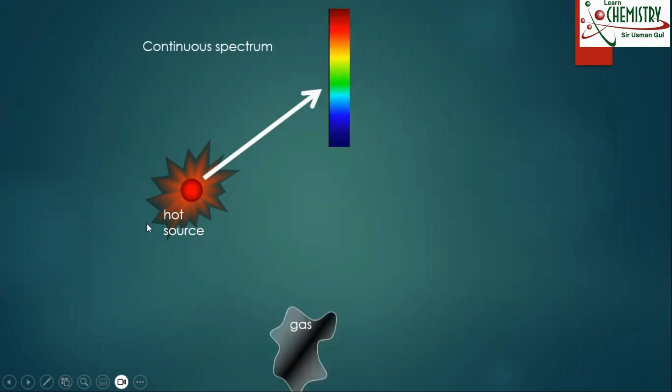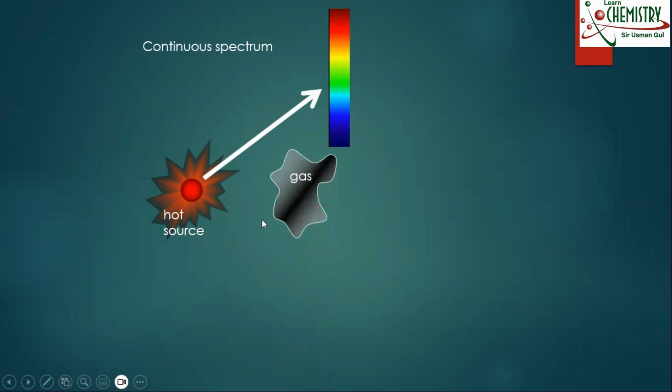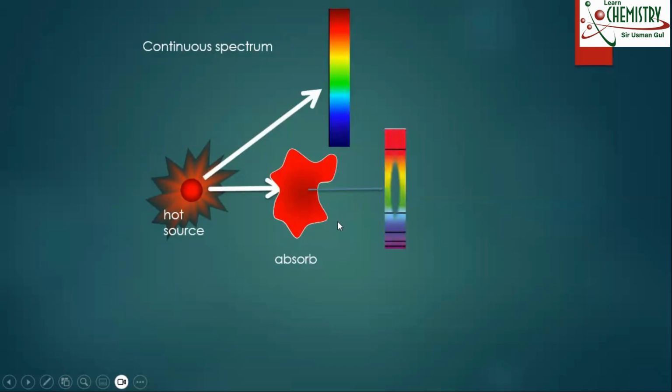But let's suppose we have a gas, any specific element, and we pass the light of the hot source through that gas. The gas will absorb a certain amount of energy and become excited, but the rest of the energy will pass through the gas. So when the rest of the light passes through the gas, and we pass it through the prism, we will get a spectrum where all the colors are there but some colors are missing.